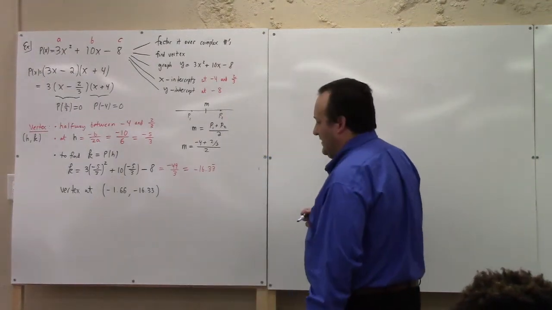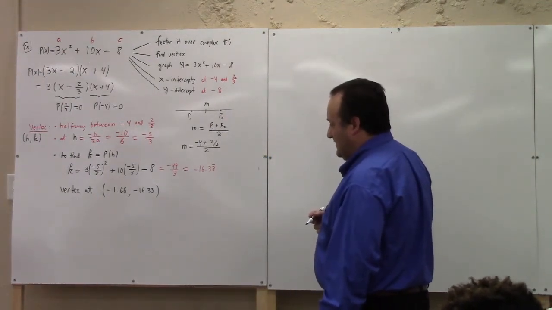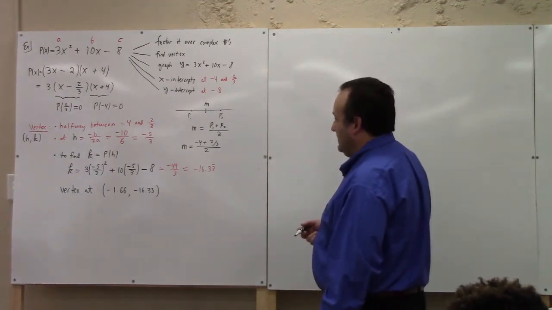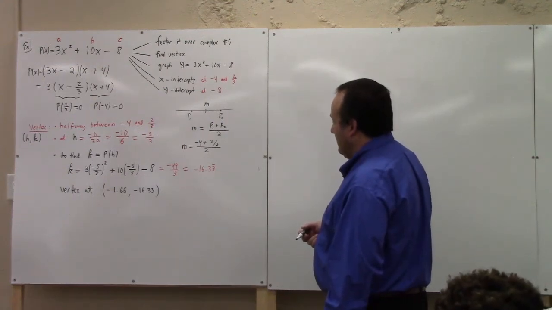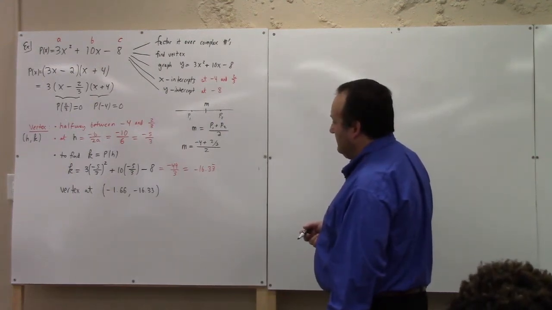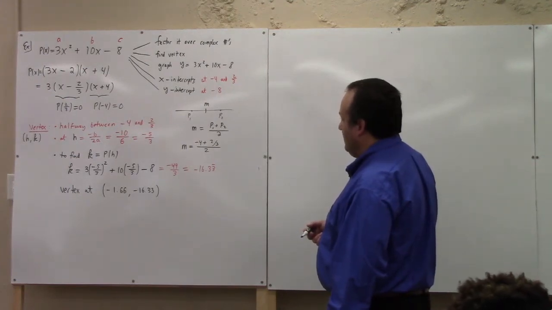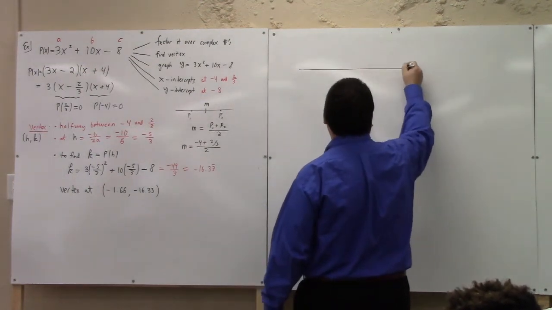Now, what should I keep in mind as I'm making the graph? I need a graph that allows me to go down to minus 16. And I want to make sure I include the x-intercepts, right? So I need to go from minus 4 to 2/3. Most of the interesting stuff is going on below the x-axis, isn't it?